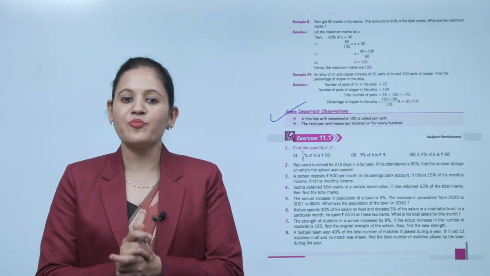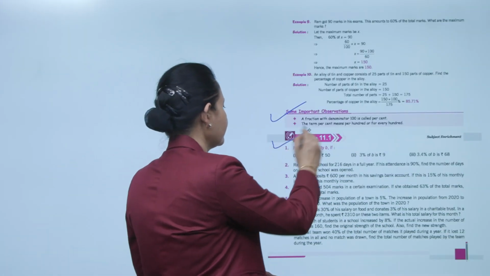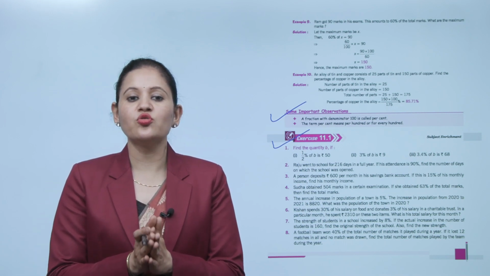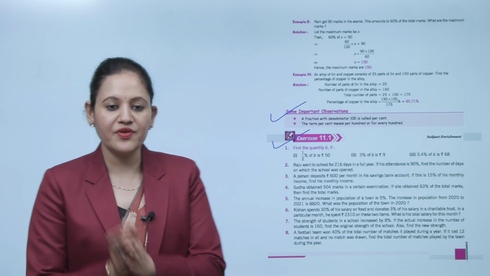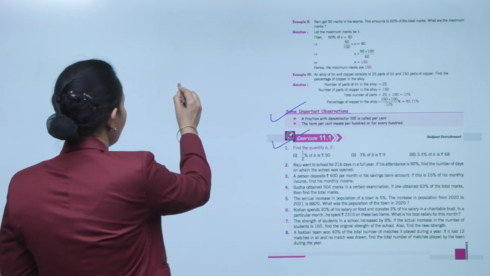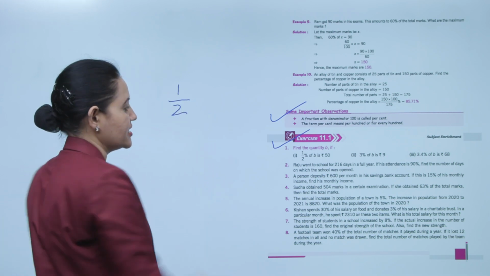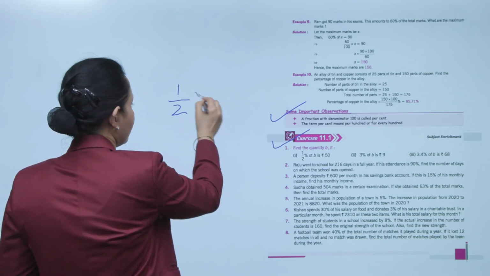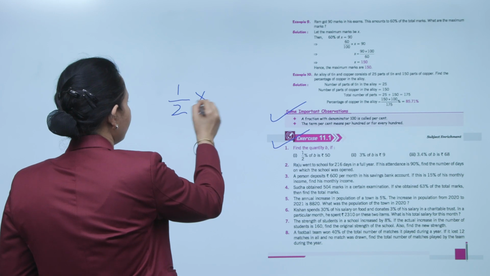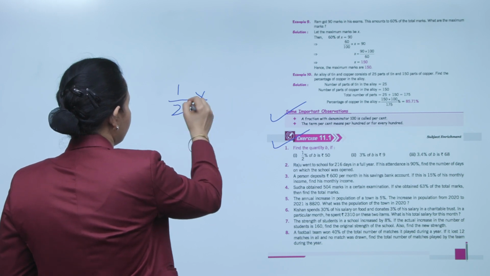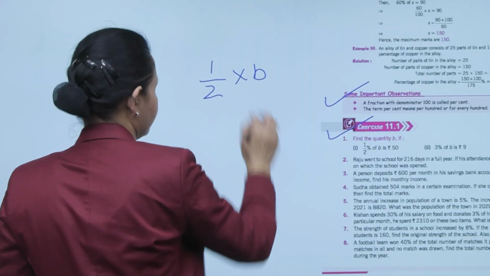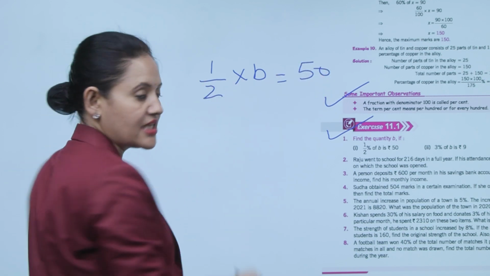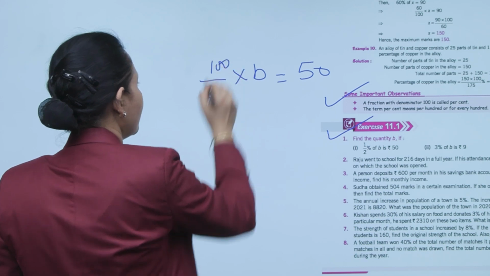Next is exercise 11.1. Find the quantity B if 1 by 2% of B is rupees 50. So, 1 by 2% of B is equal to rupees 50. 1 by 2%, we remove the percentage sign, that is equal to 1 by 2 upon 100.